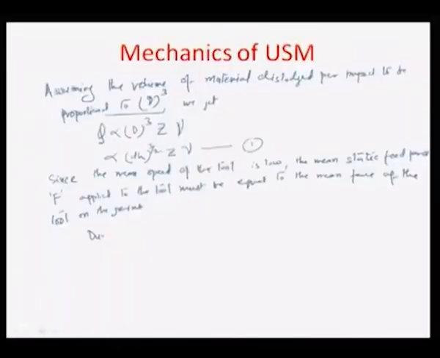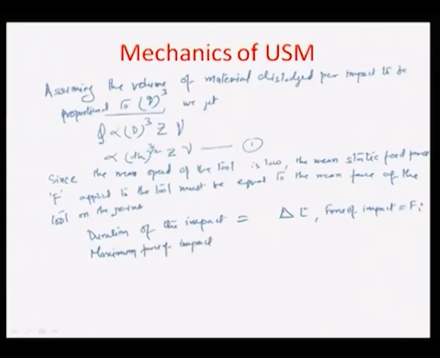Okay. So, let us say that the duration of the impact is some small value delta t, and let us say the force of impact is represented by the term Fi, okay, and the maximum force of impact is represented again by Fi max, the maximum value of Fi at a certain instance of time.